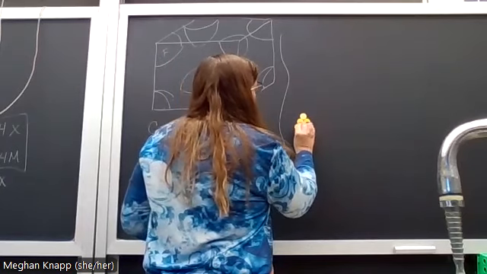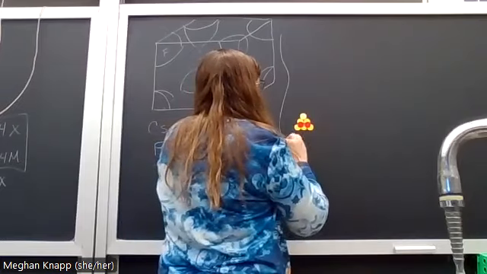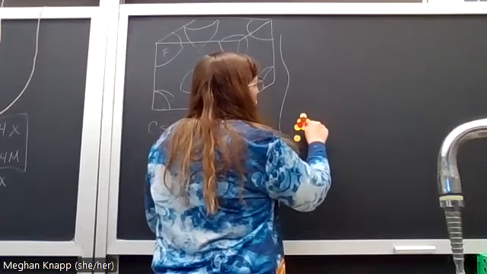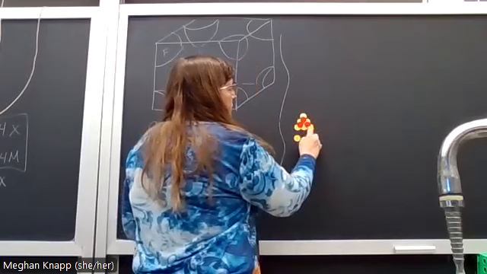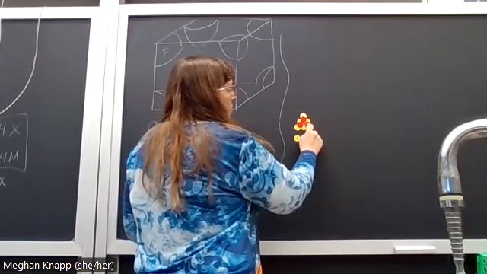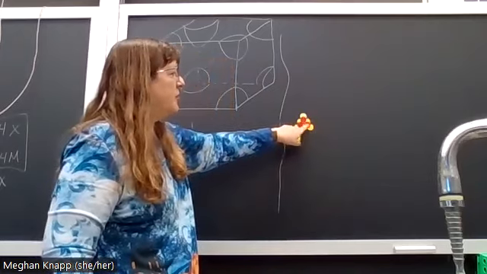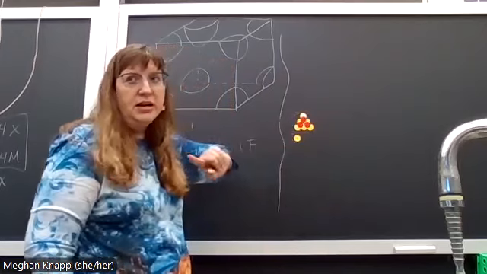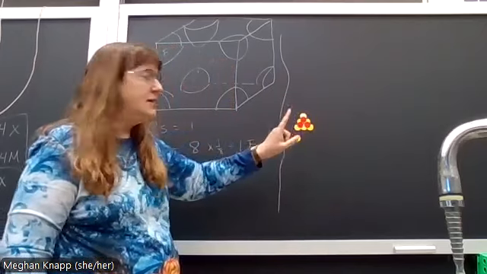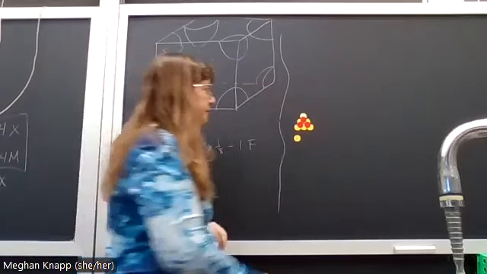So let me put on these guys. The hole directly underneath this is surrounded by 1, 2, 3, 4. The hole that we can actually see is surrounded by 3 reds and 3 yellows. So it's got 6 sides or 6 corners to it.